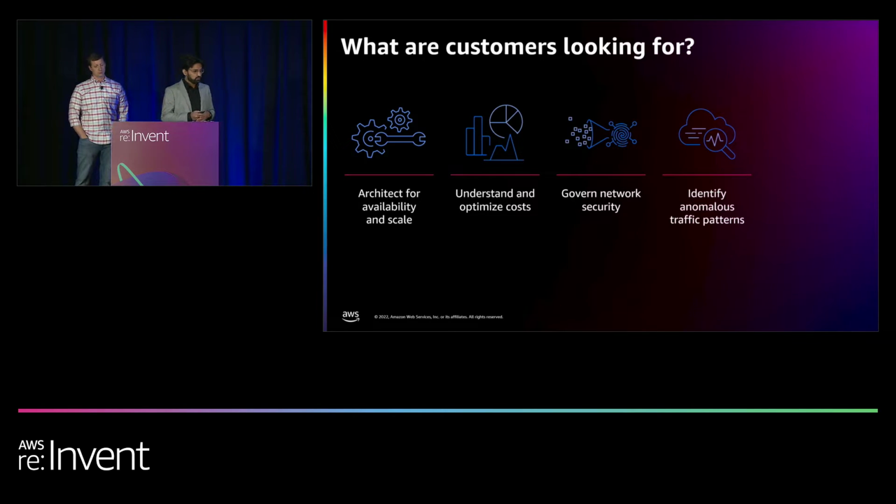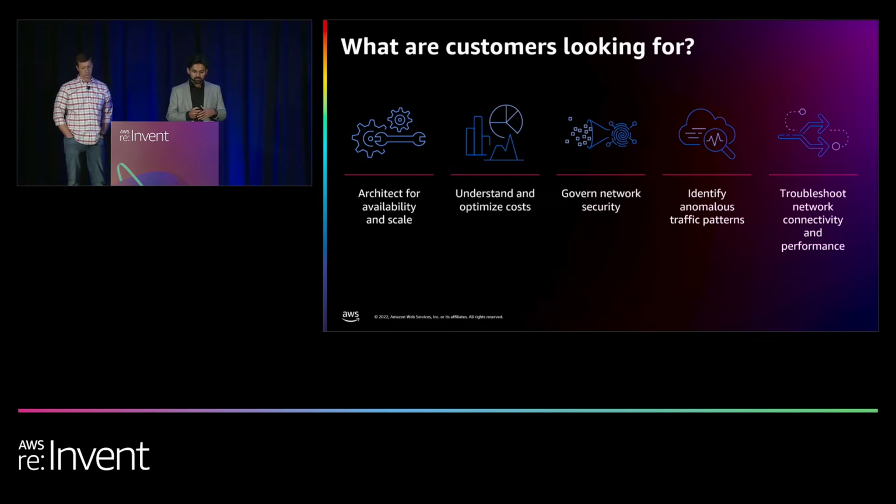And then we are also hearing from customers that they also want to identify anomalous traffic patterns, behaviors that deviate from normal trend, so that they can take proactive action to mitigate those trends.